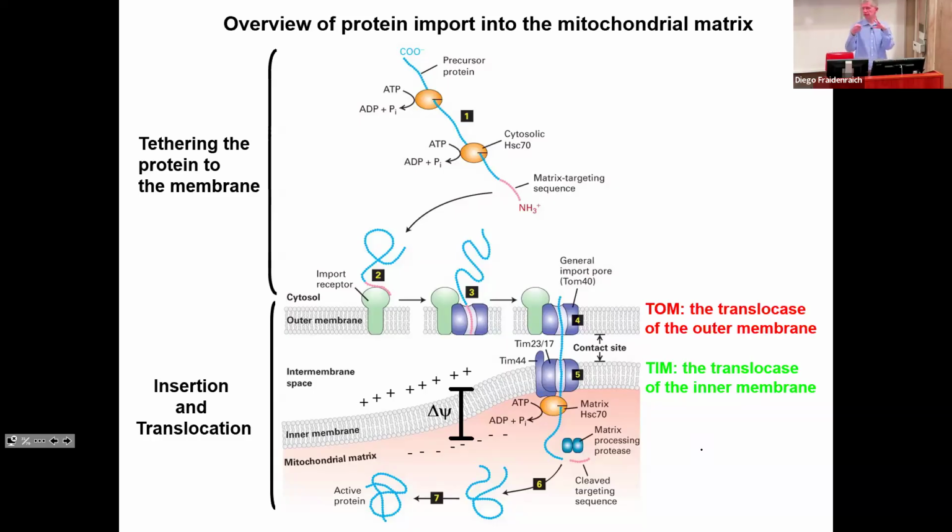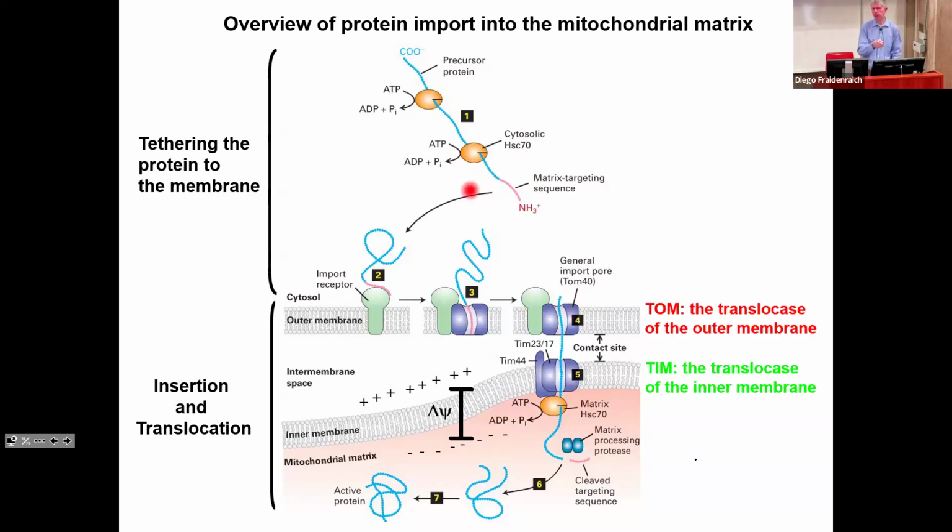They would sit more on the surface and interact with the water environment, whereas hydrophobic amino acids would be more internal. In order to be translocated through the membranes, these proteins need to be unfolded. They would not go through these membranes as a spaghetti ball. They would look more like a string and go through these translocation channels.